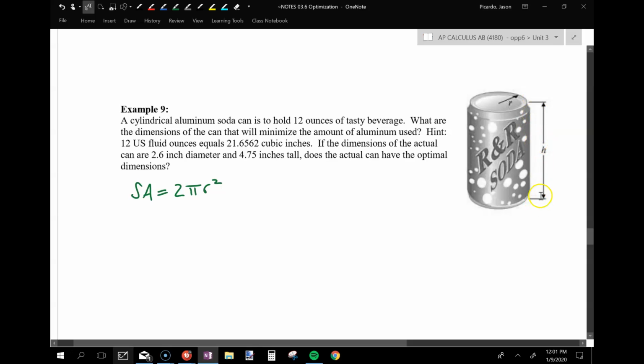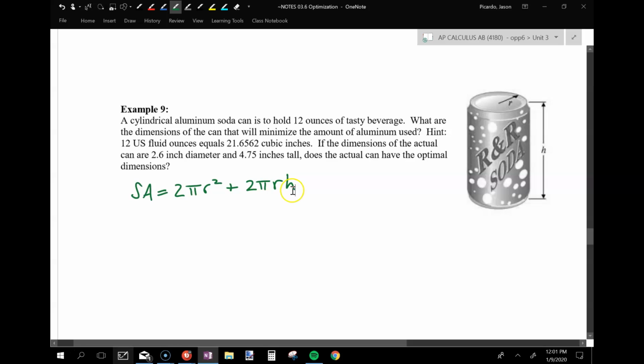Well, it's the height times what you get when you roll it out, which is the same as the circumference of the circle. How do you find the circumference of a circle? Pi times diameter, or 2 pi r. So do you guys agree that one dimension is 2 pi r and the other dimension is the height? So that's going to be your width, that'll be your length.